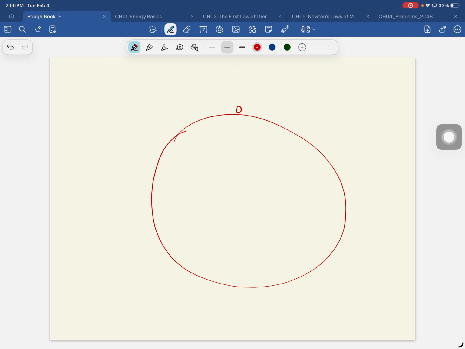So this is theta. This angle is 90 minus theta, and so this angle is theta. Everybody understand that? This component of the weight is mg sine theta, the hypotenuse times sine theta.